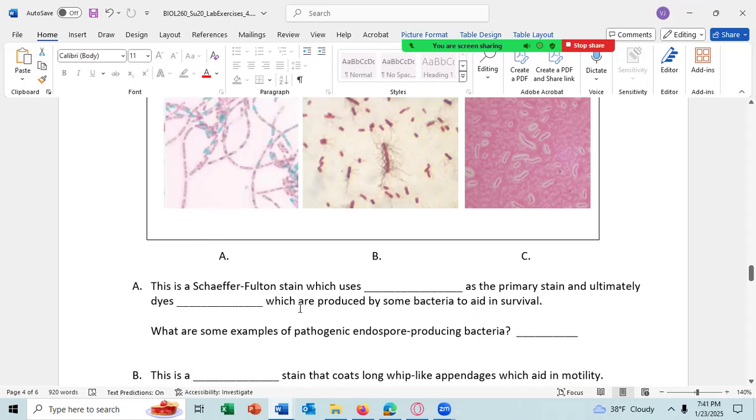And the structure is produced by some bacteria to aid in survival. So that would be procedure 5A2. Procedure 5A3 then asks, what are some examples of pathogenic endospore producing bacteria? And in the lab module, you're given some examples.